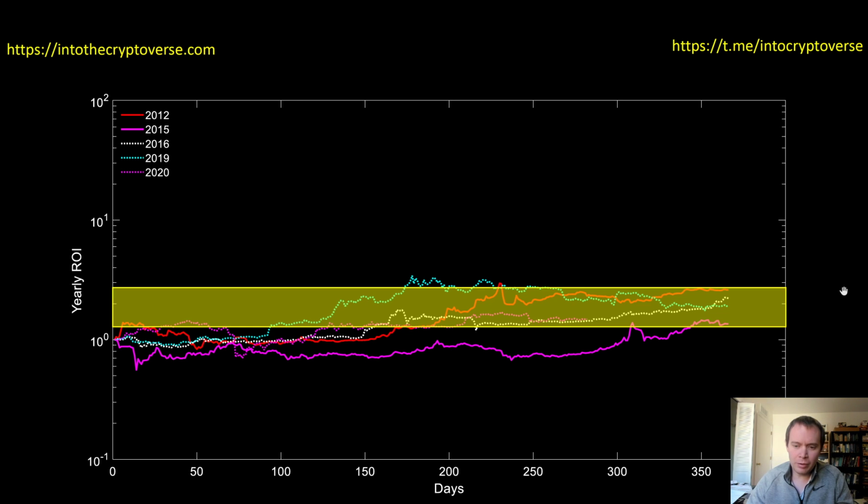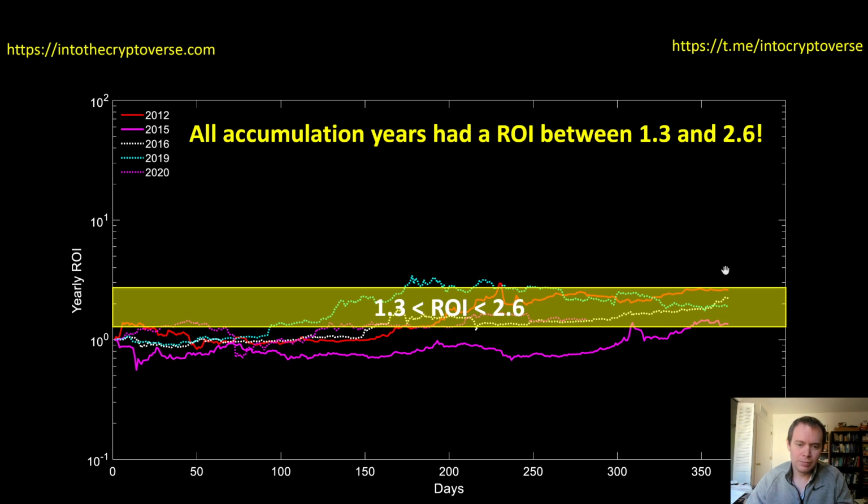One of the things you notice, though, is that despite the fact that we're leaving the entire regime from an ROI of 1 to 10 as this category, it turns out that all of these other years that were not a 10x ROI or a loss actually had an ROI between 1.3 and 2.6.